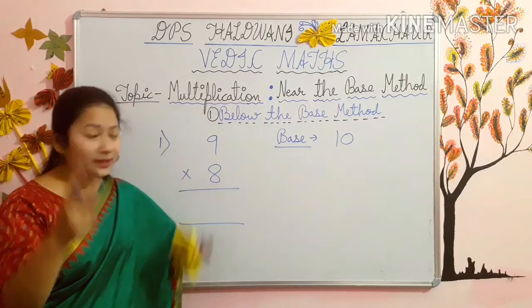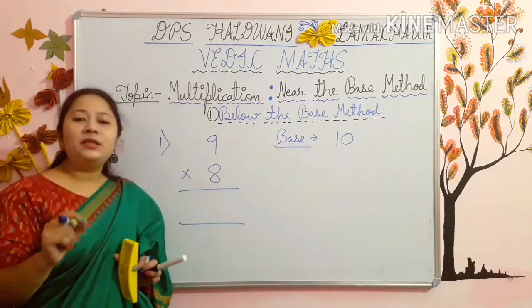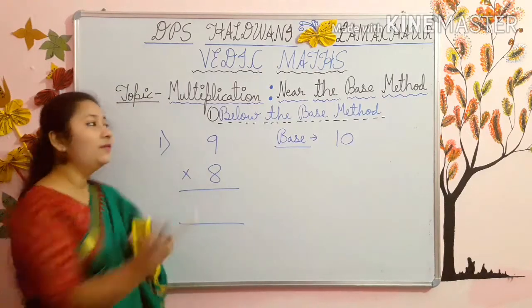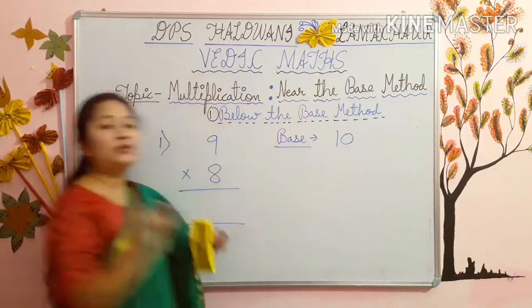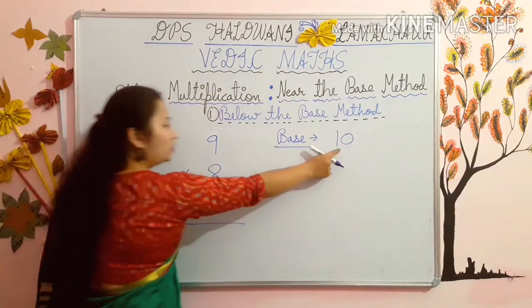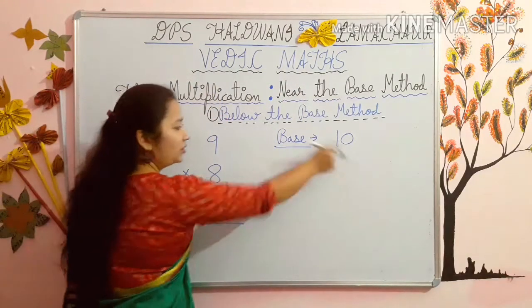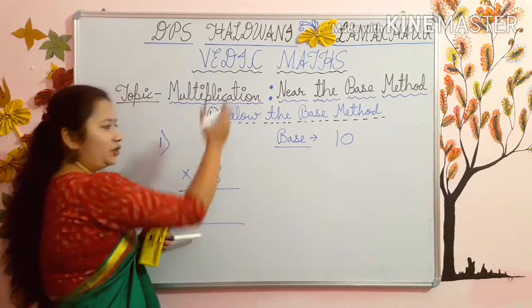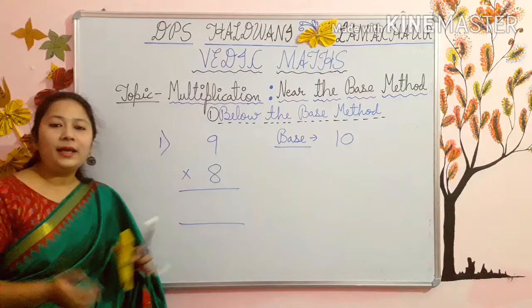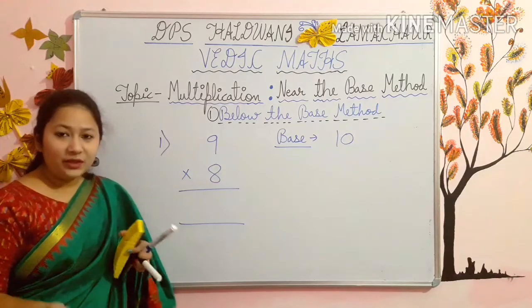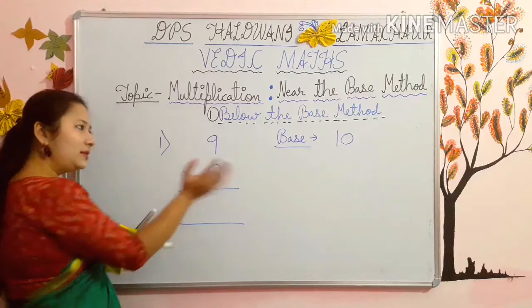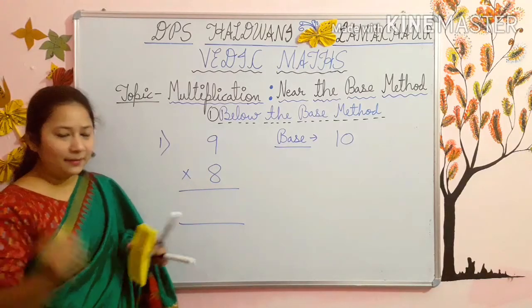If two digits, then there will be 2 zeros. See students, this method is only applicable for the numbers which are near the base. As you can see, 9 is closer to 10. 8 is also closer to 10. So this method is only applicable for the numbers which are near to the base, like 86, 89, 72, 93. These all are near to the base. So this method is applicable for these numbers.